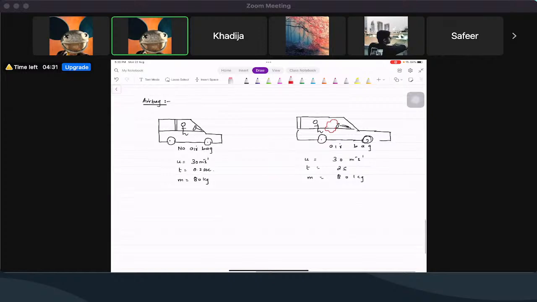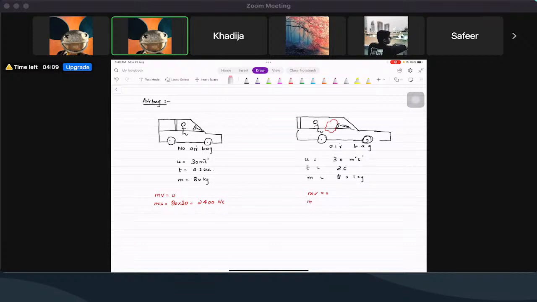So if I try to find the resultant force here, mv would be 0 in both the conditions because it completely stops. mu would be 80 times 30, that is going to be 2400 Newton seconds. Same.